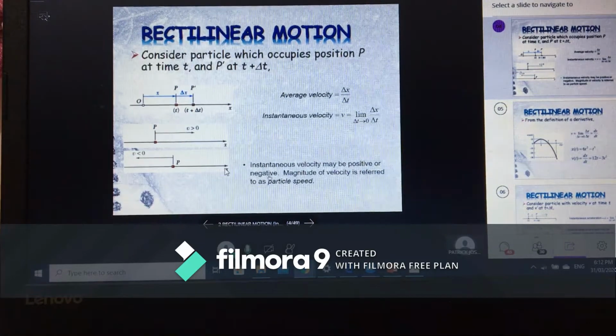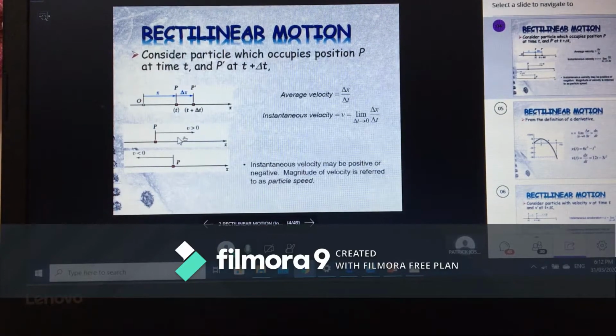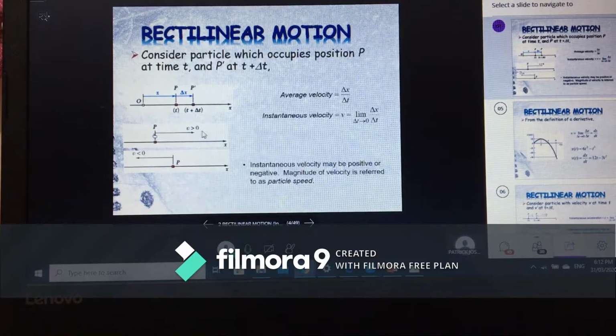Okay, so in this scenario class, if you look at this, velocity could be positive if the particle is moving from this point going to the right.